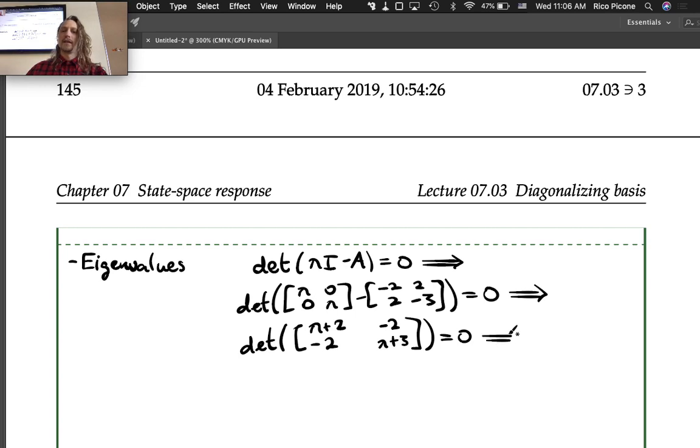And now we'll finally take the determinant, which gives us lambda plus 2 times lambda plus 3 minus 2 times 2, which is 4, equals 0.